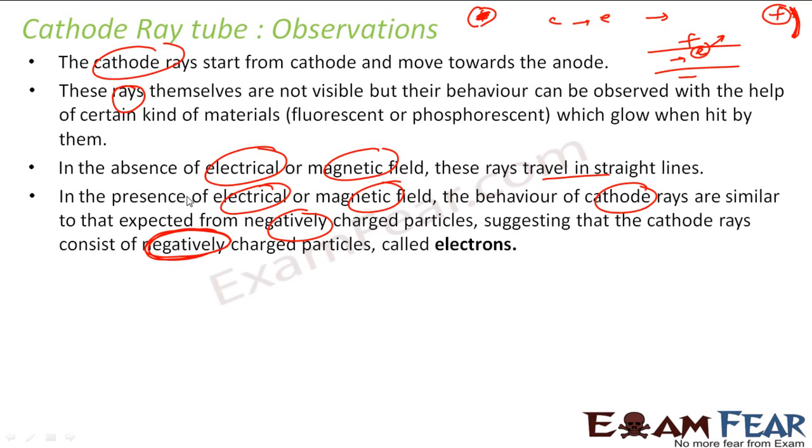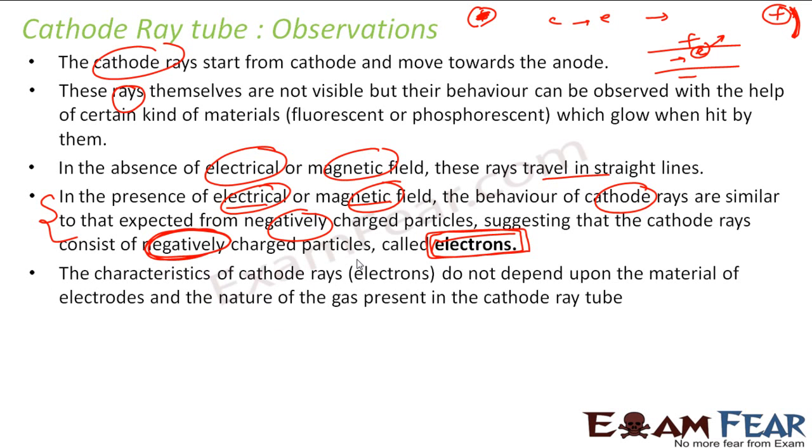By applying electrical and magnetic fields, he was very sure that the thing which is hitting the fluorescent material, and which he is unable to see, has a negative charge, and he called it the electron. This is the place where he discovered the electron.